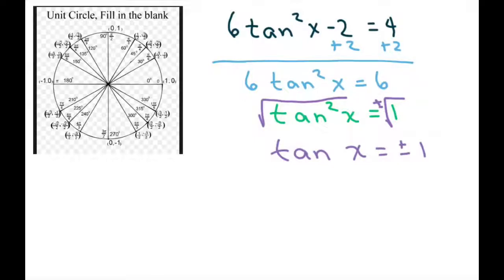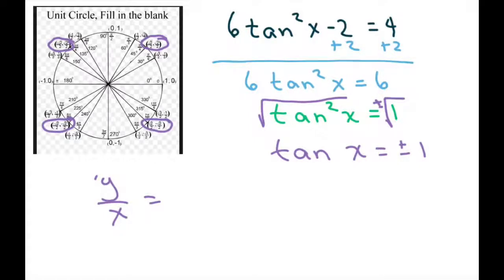So tan of x is your y over x, and to get a 1, these two numbers have to be the same. So the numbers are the same here, and here, and here, and here.